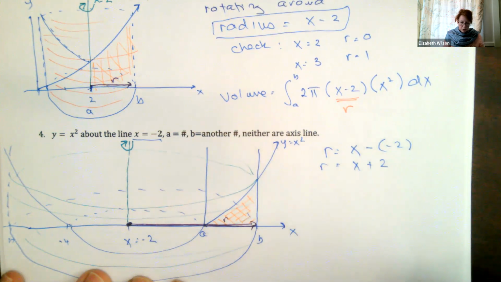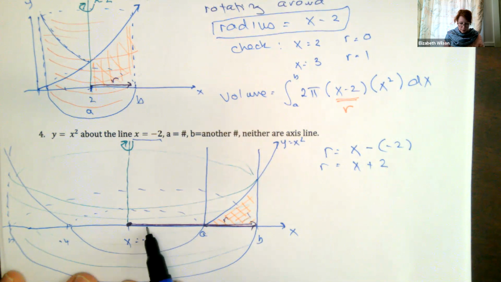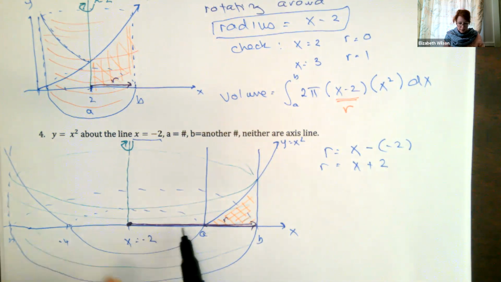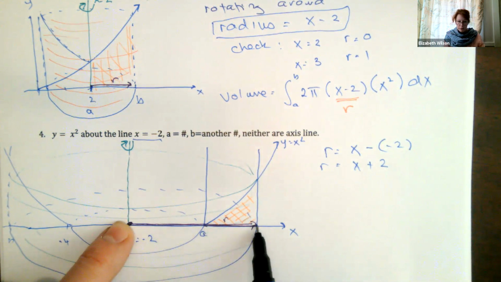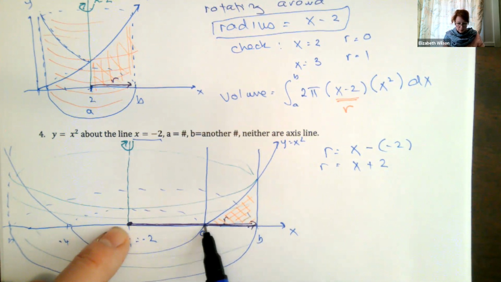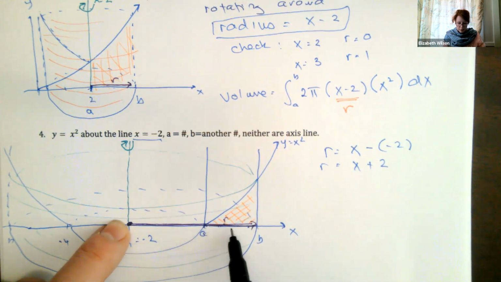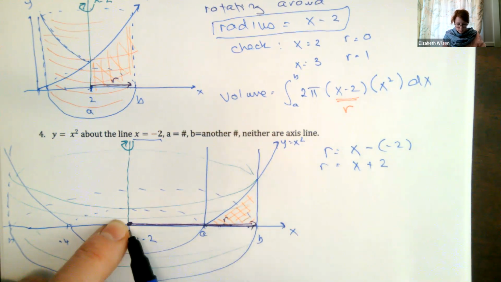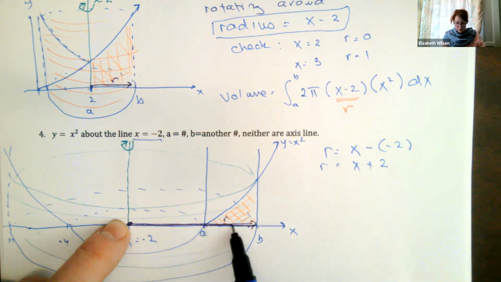And you can do your check. So when x is equal to minus 1, our radius is going to look like it's minus 3, but I'm only looking at integrating from A to B. Basically I'm only looking at when x is equal to A, so A plus 2 is my radius. When x is equal to, say, 3, for example, I'm going to go 2 plus 3. So I have to take into account this distance and then this distance right here.